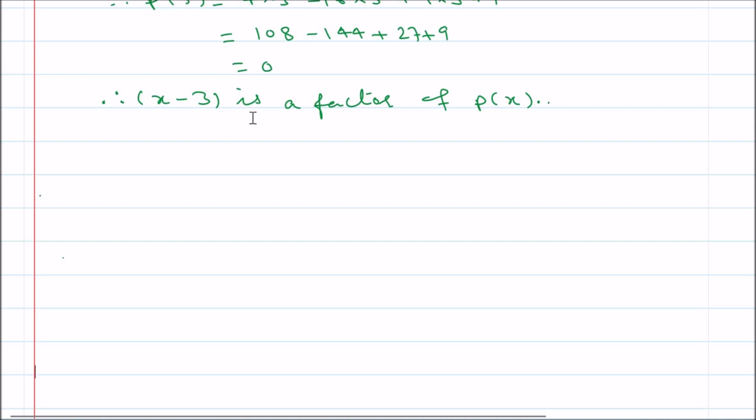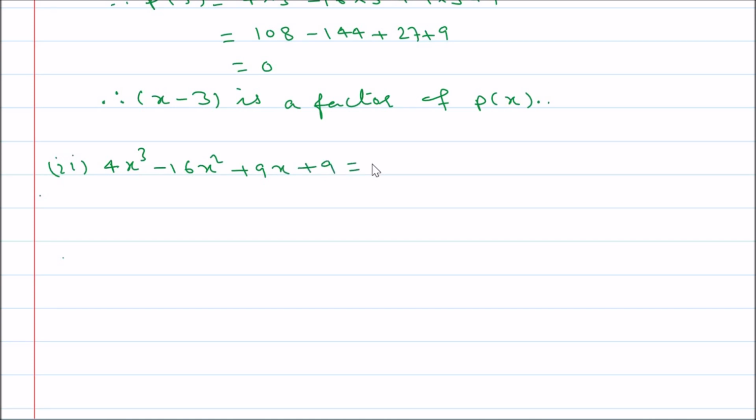Write the equation: 4x cube minus 16x square plus 9x plus 9 equal to 0. We have to solve this equation. And in the first part we have seen that x minus 3 is a factor of this polynomial.